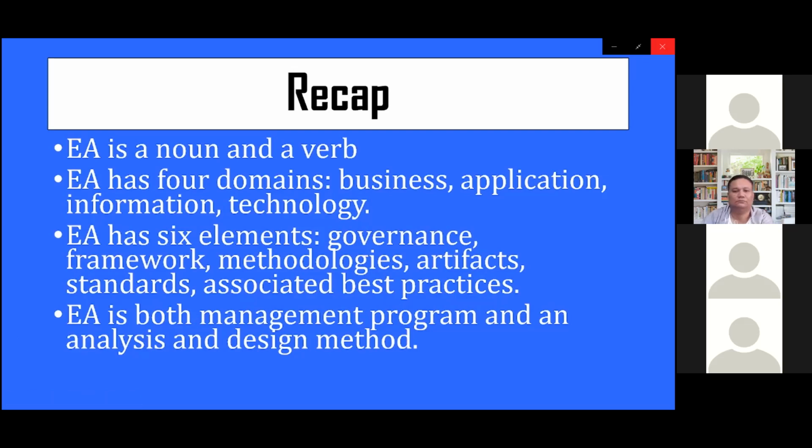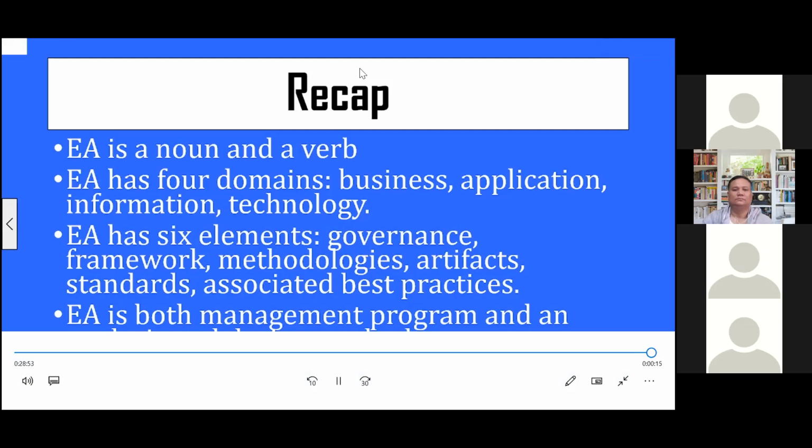EA is both a management program and an analysis and design methodology. Also, EA is very important, especially where the company is transitioning from the current architecture to the future architecture. So, that is it for my discussion.